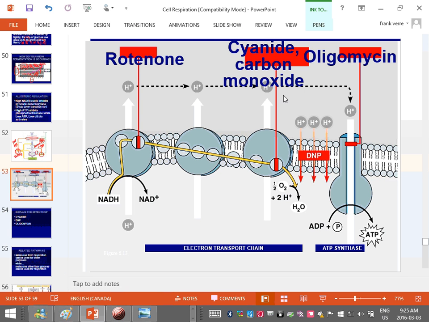Look what happens. These two molecules sit in the active site of this proton pump. The problem then is the electrons cannot move through. They get stuck. So if the electrons can't move through, what happens? What happens?